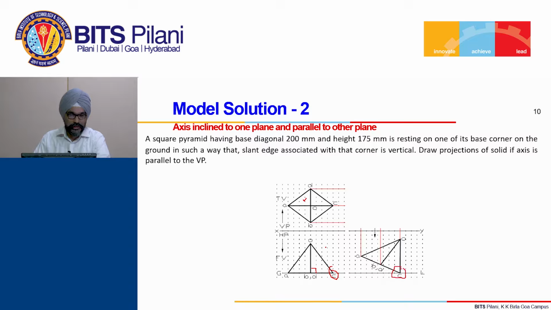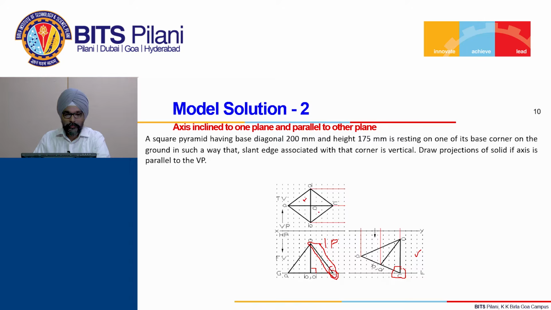Now this was the initial position. The initial position neglected the inclination of the axis, or it neglected the condition given for the slant edge to be vertical. So in the second position we fulfill that condition, and corresponding to this we need to draw the top view.